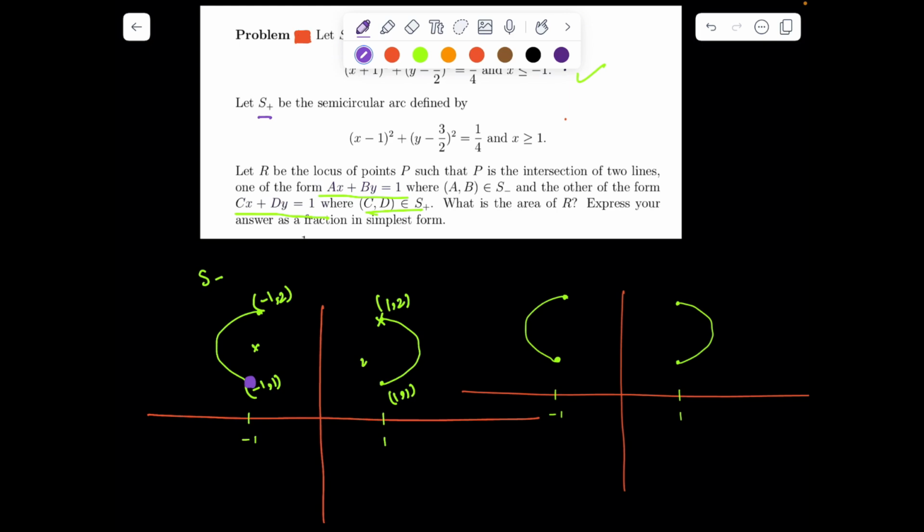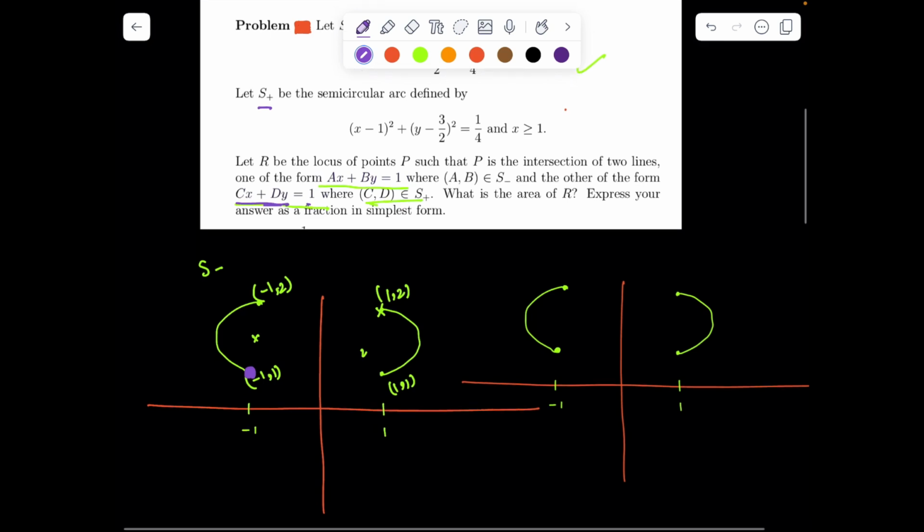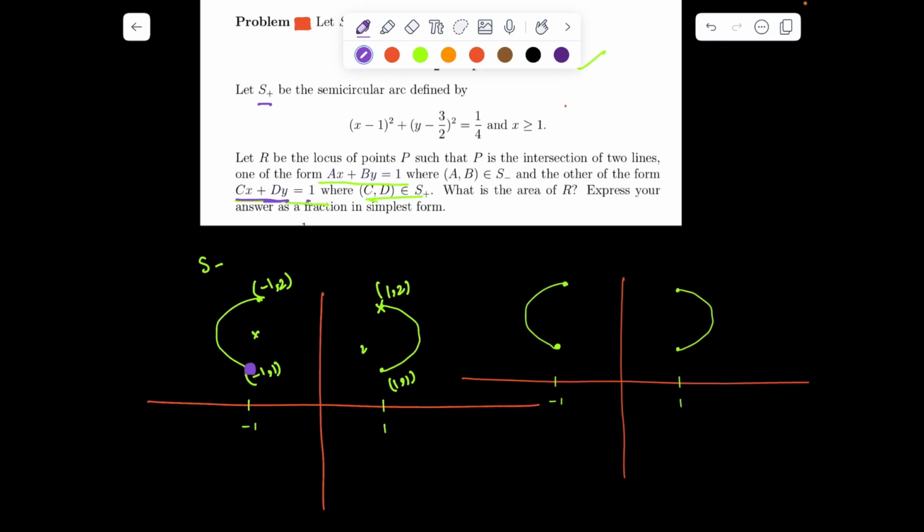It means, let's say if I take this point, so this is a member from S minus. So I can take the equation of a line ax + by = 1, where (a, b) belongs to S minus and cx + dy = 1 where (c, d) belongs to S plus. Here I have taken a to be -1 and b equals 1.